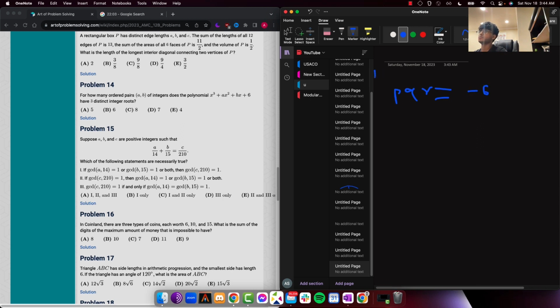And this is problem 14. PQR is -6 by Vieta's, so what are the possibilities? We can have all of them negative, or we have exactly one negative and the other 2 positive.